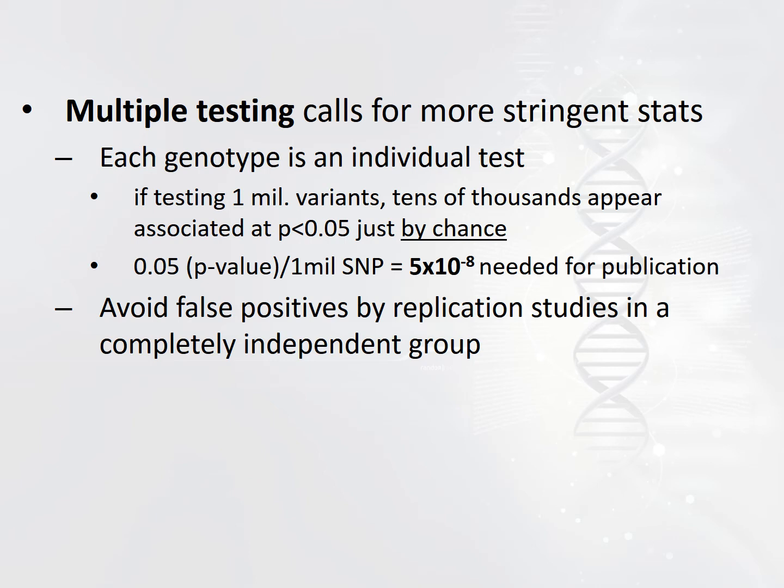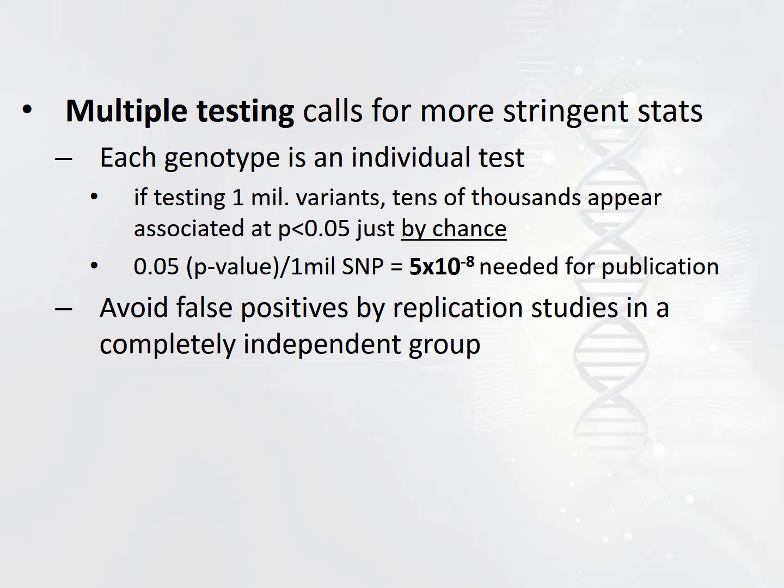Basically, the answer comes from the fact that each SNP is an individual test. So you will end up with multiple tests, a million tests if you're looking at a million SNPs, which need to be analyzed in parallel.